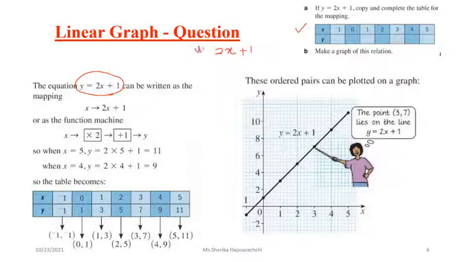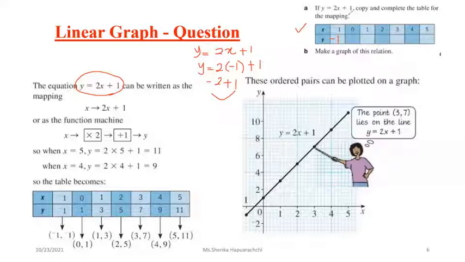Now instead of x, I'm going to write -1, right? So 2 times -1, it's -2 plus 1. So when I simplify these two, I'm getting -1.